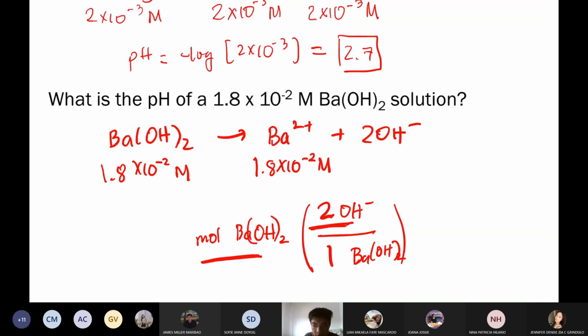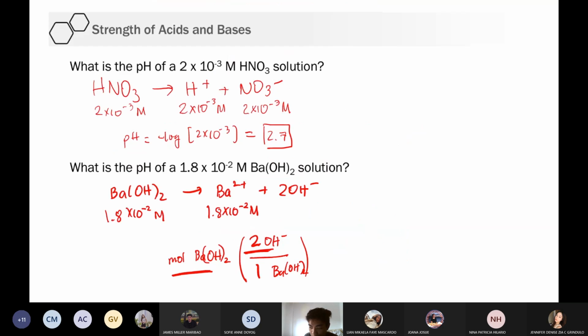Yung mole, pwede natin gawing molarity din yan. You just divide it by the volume. So that means if you want to get the molarity of OH minus, you just use the same formula sa conversion from barium hydroxide to hydroxide. So that means times 2 mo pa rin yung OH to get its final concentration. So stoic lang.